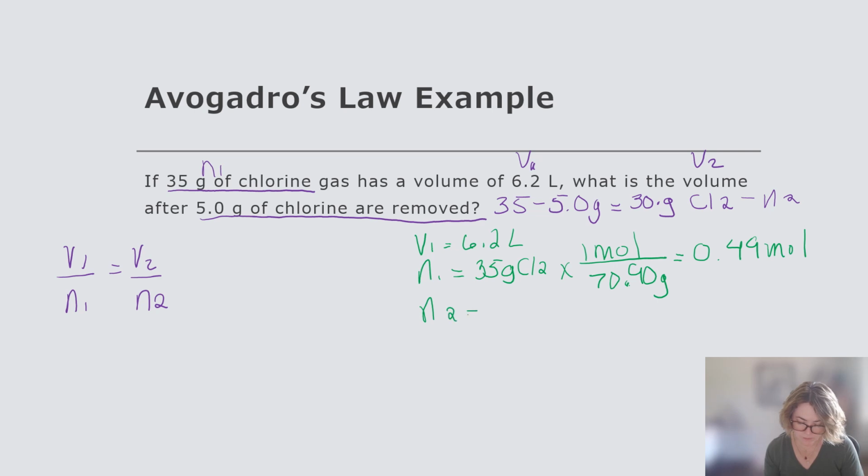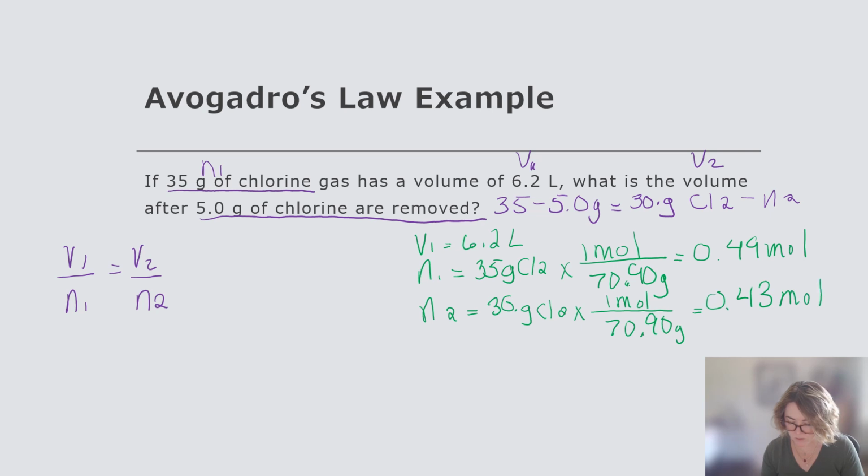N2, I have 30 grams of chlorine gas, and I want to convert that. So 1 mole over 70.90 grams, and that's going to give me 0.43 moles of chlorine gas. And I'm solving for V2.